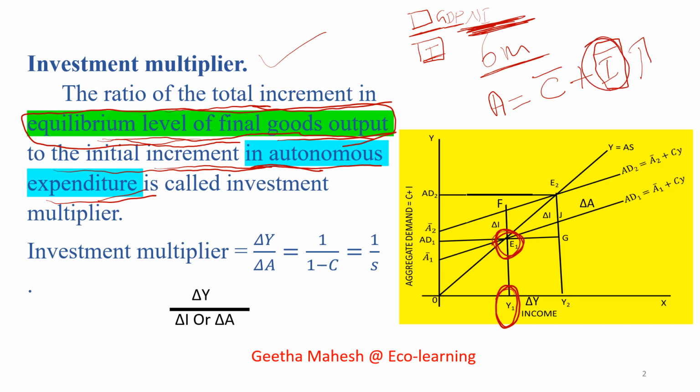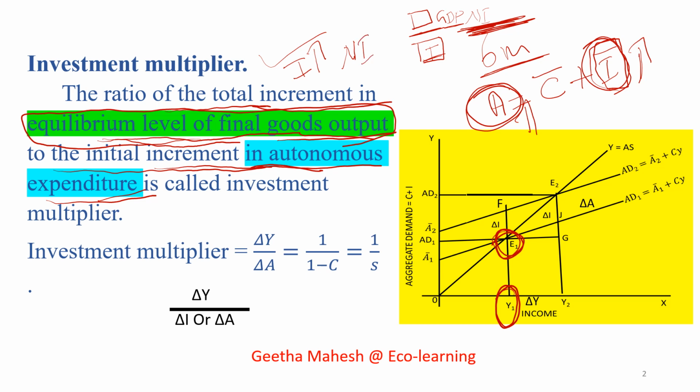When autonomous investment changes, definitely the autonomous expenditure is also going to change. If investment increases, autonomous expenditure also increases. So here we are bringing a change in investment. When investment increases, there is no doubt the income of a nation is also going to increase.